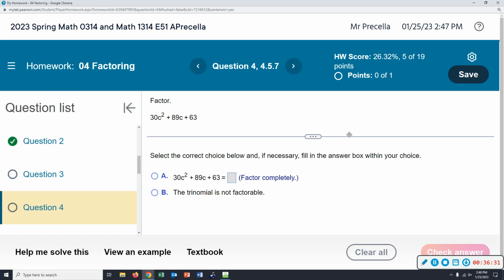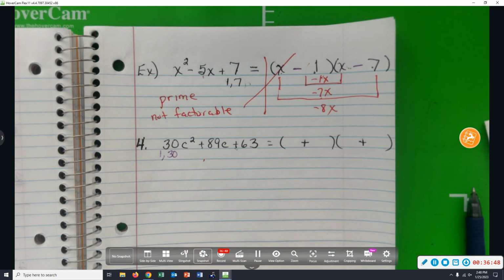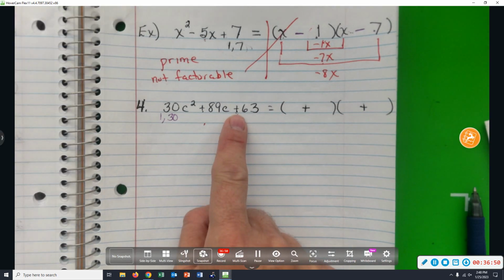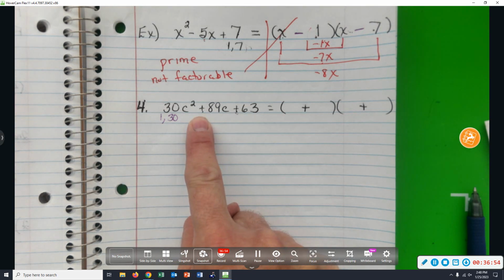Okay, get started. Numbers that multiply together to give 30. There's a few. There's 1 times 30. Second sign is plus, so 2 of the first sign.